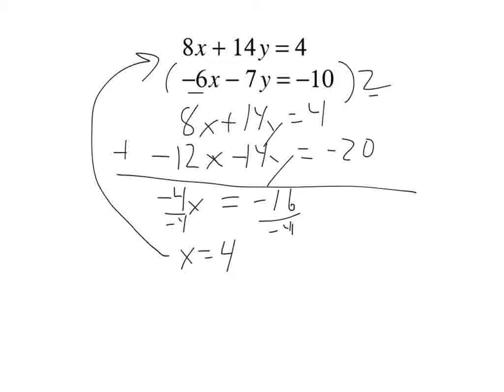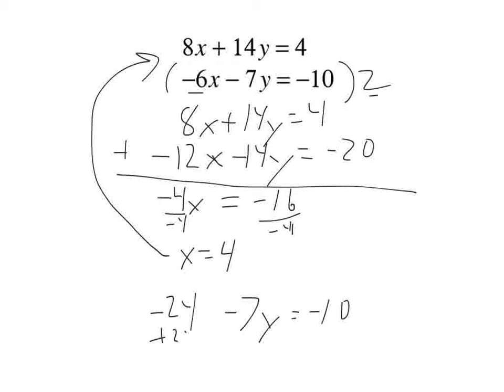So I'm going to take negative 6 times 4, and it's going in with the x this time, because this time it worked out that we eliminated the y's and we're solving for y, minus 7y equals negative 10. So if I take negative 6 times 4, I can replace that with a negative 24.